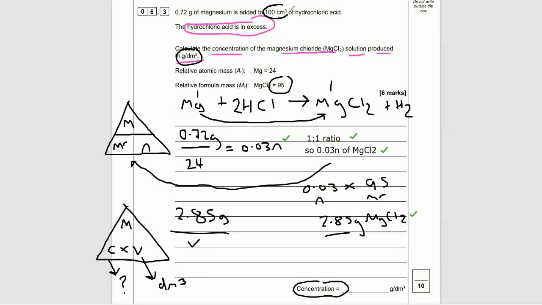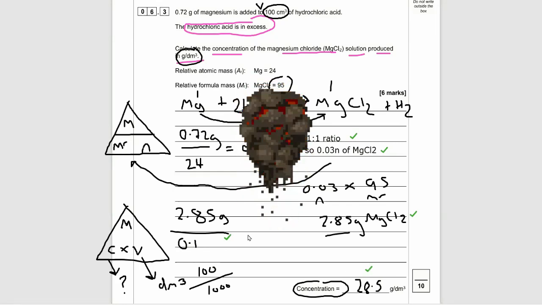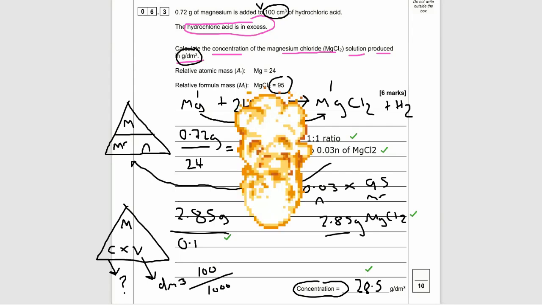They always give it to you in centimeters cubed, so you'll always need to divide the centimeters by 1,000 to get into decimeters when you're doing mole calculations. So that equals 0.1 dm cubed. So I'm doing 2.85 divided by 0.1 and I get 28.5. And that's the answer. Grams per decimeter cubed, 6 marks.